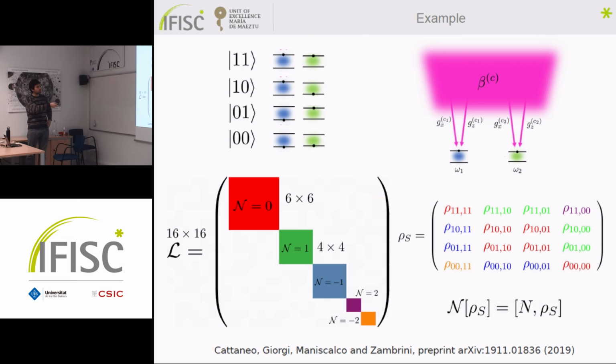So now you can see that from a 16 times 16 matrix, because of this symmetry, I'm passing to a block here that is 6 times 6, these red elements of the density matrix. A block that is 4 times 4, that is the green. Another block that is 4 times 4, and is the conjugate of this block, so it's dependent on the other block, in the sense that you can obtain it from the other block trivially. And then 2 single elements, 1 times 1 here.